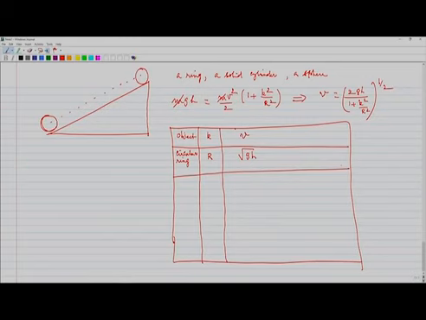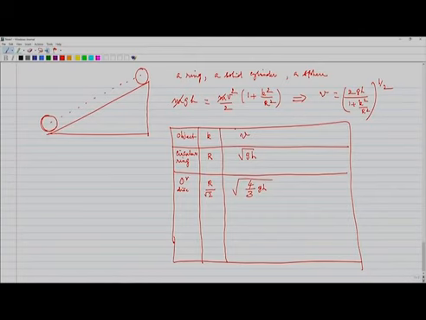In the case of a circular disc, k is r by root 2, therefore it will have 4 by 3 gh.